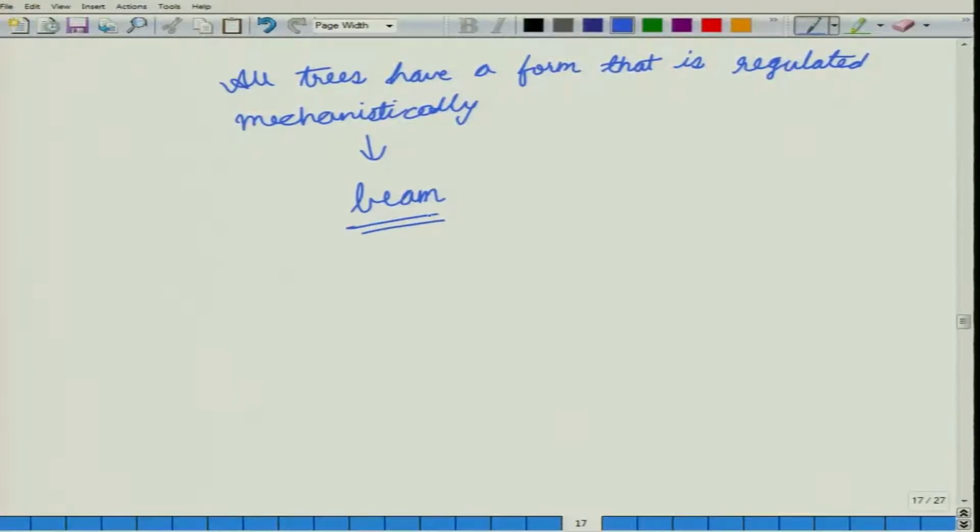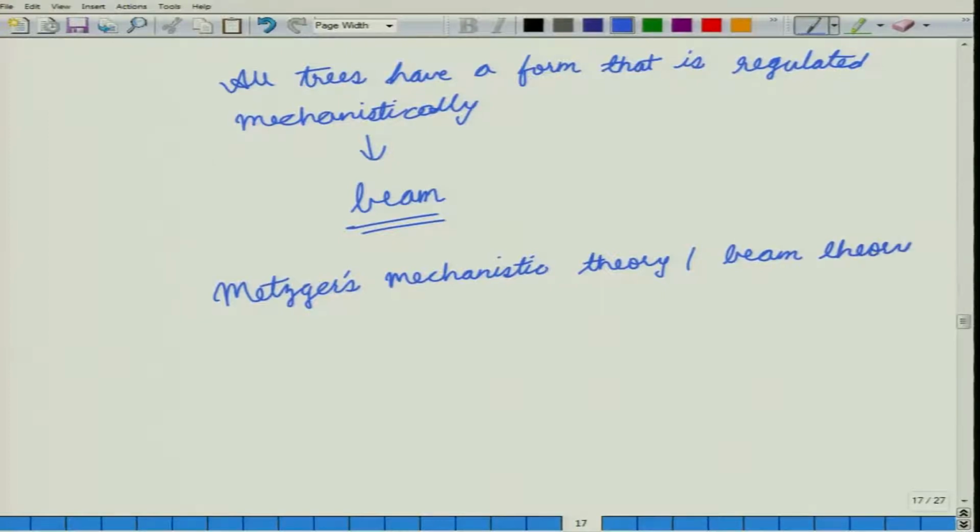Which is why we call it Metzger's mechanistic theory, or the beam theory of tree form. And he also stated that the equation of the tree is d cube equal to k times L, which is the equation of a cubic paraboloid.